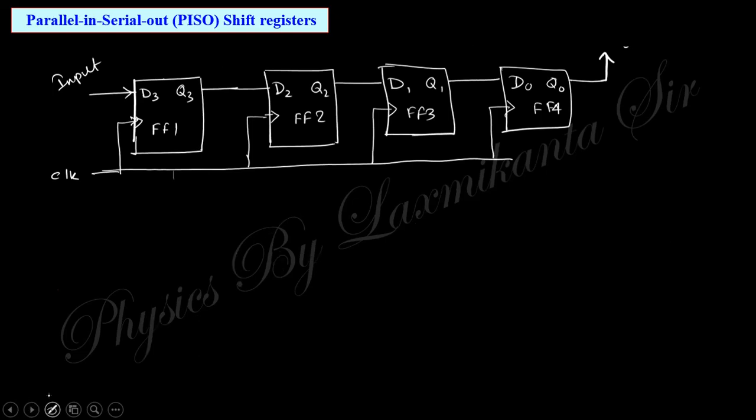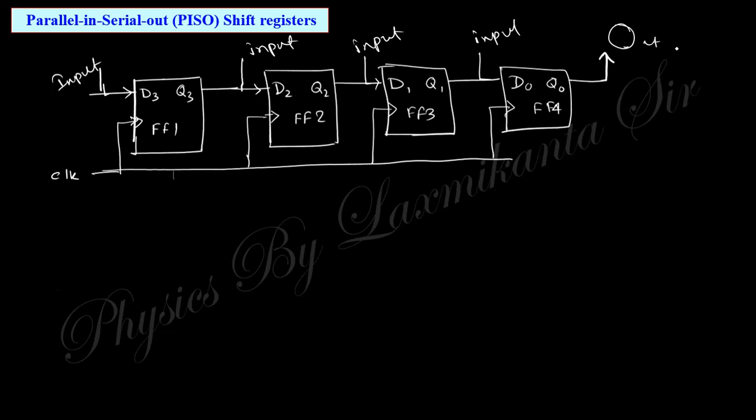Clear? Next is parallel in, serial out. Parallel in means inputs will be like that. This is input, this is input, this is input, this is input, and serially out. Out.